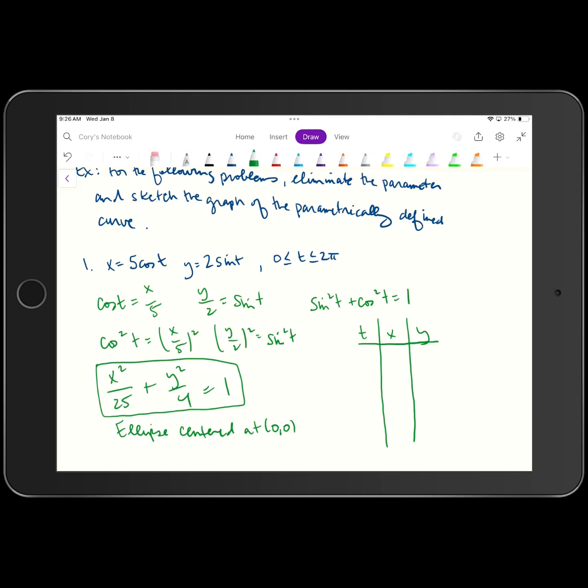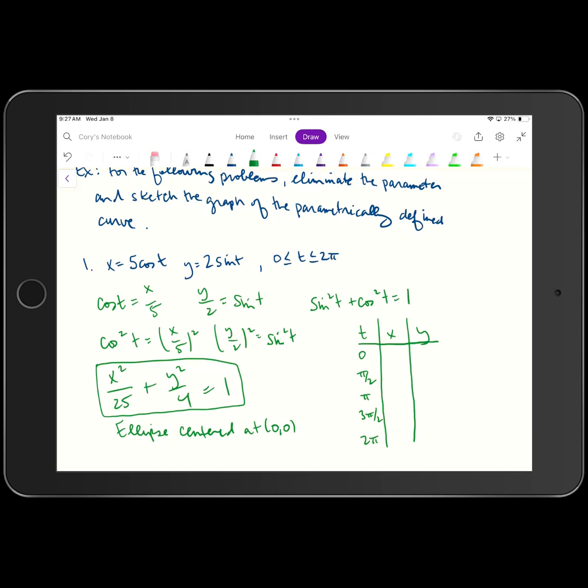If we break our t values up into subintervals of pi over 2, we're going to have t values at 0, pi over 2, pi, 3 pi over 2, and 2 pi. That gives us 5 values to test, which should give us a decent idea of what the graph of our parametrically defined curve is going to look like.